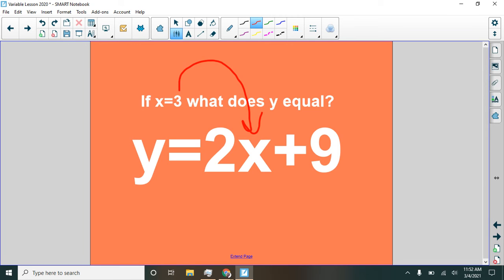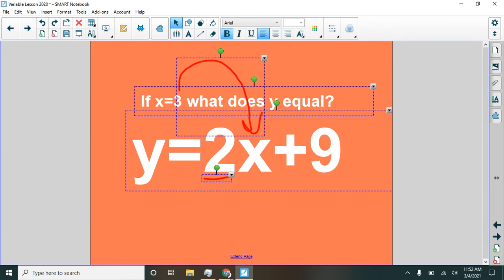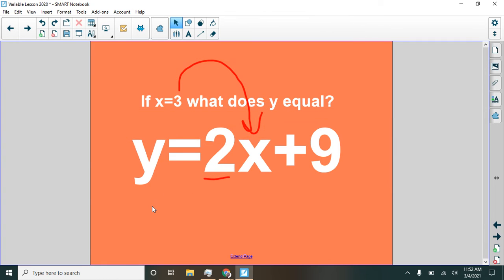Now, that is not 23. Don't turn this into the tens place. This means 2 groups of 3. 2 threes. 2 threes is 6. 2 times 3 is 6.